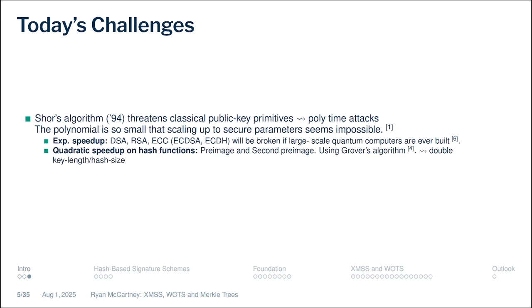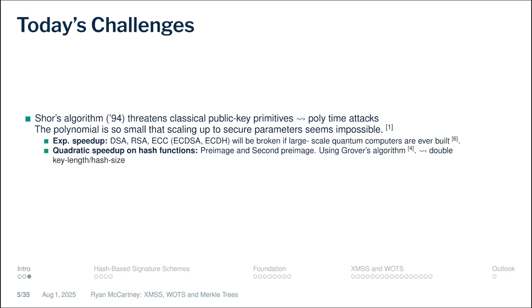But we also have another challenge today, which is the quadratic speed up on hash functions or general search problems, which means that you can search any given item in square root of n time for an n-sized array.